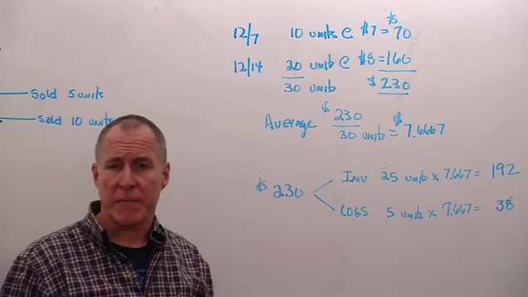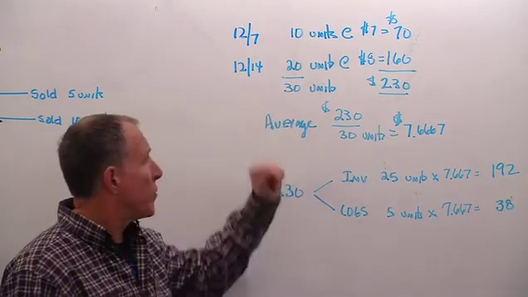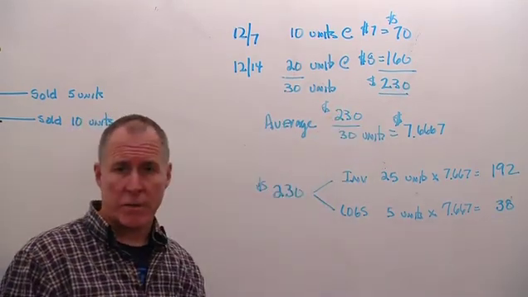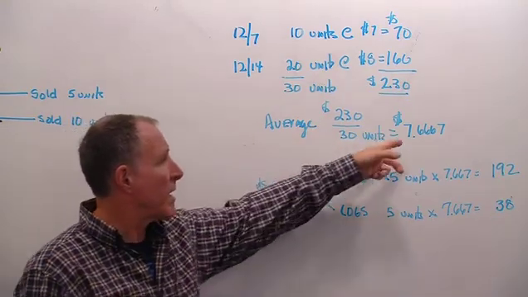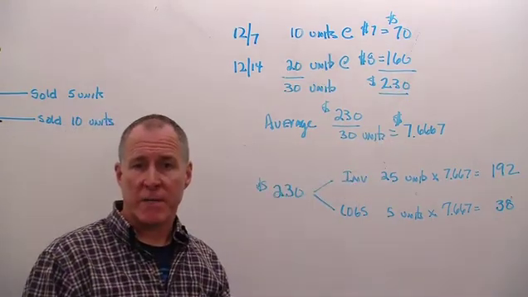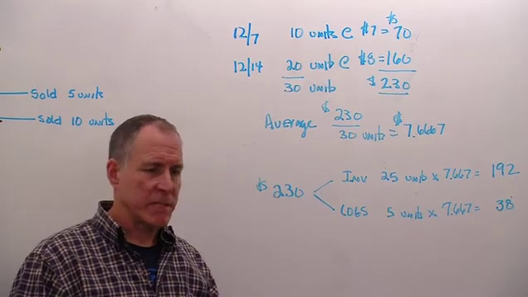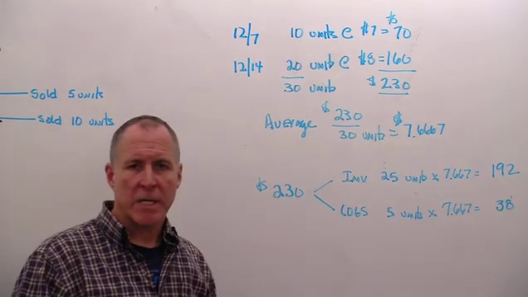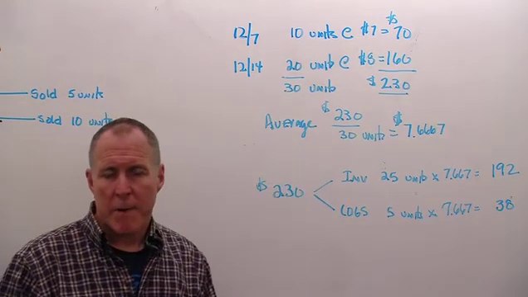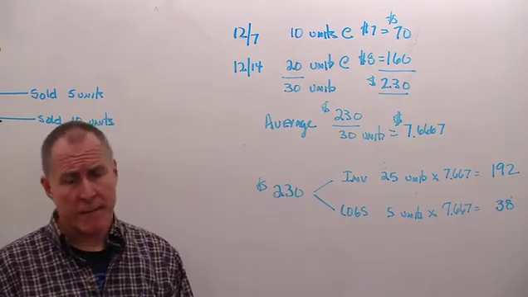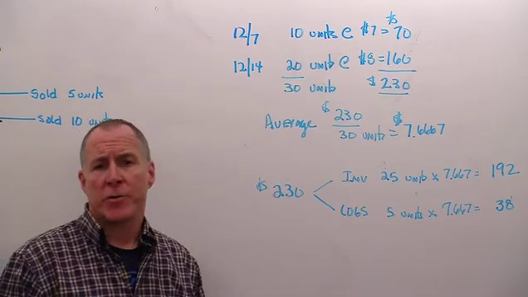Well, pretty easy. If you've got 30 units and they cost you a total of $230, divide them out, the cost divided by the units, gives me an average cost of $7.6666. It's a repeating 6, so I rounded it off about 4 places. Most students ask me at this point, how far do I want you to round things out?